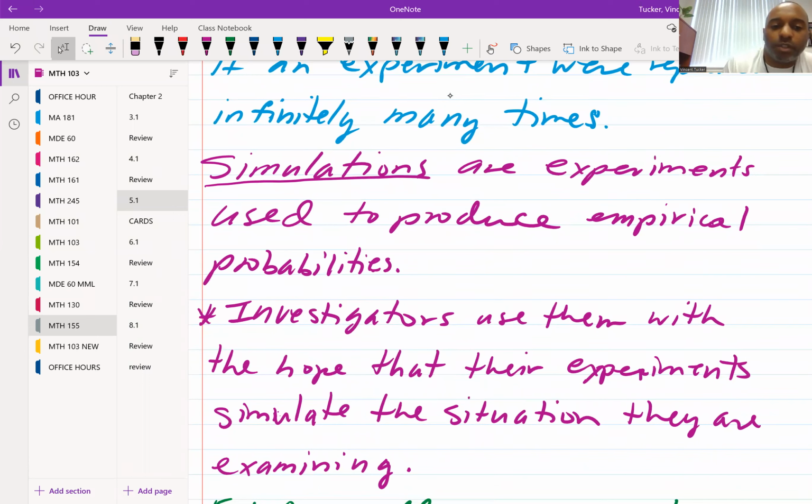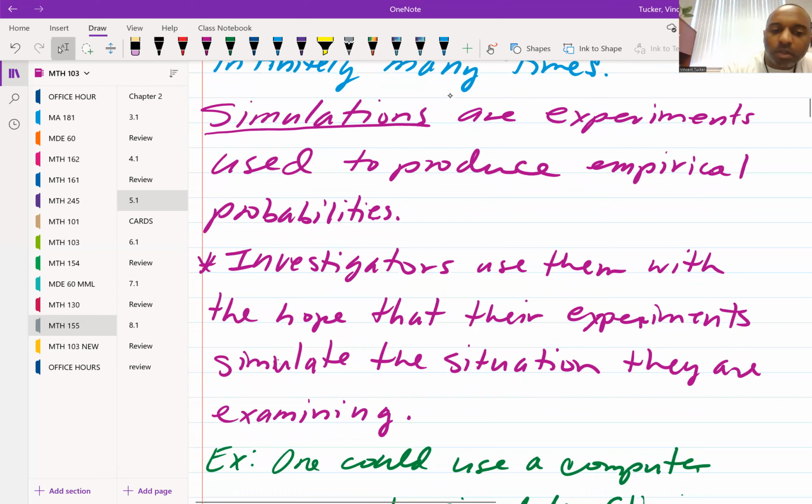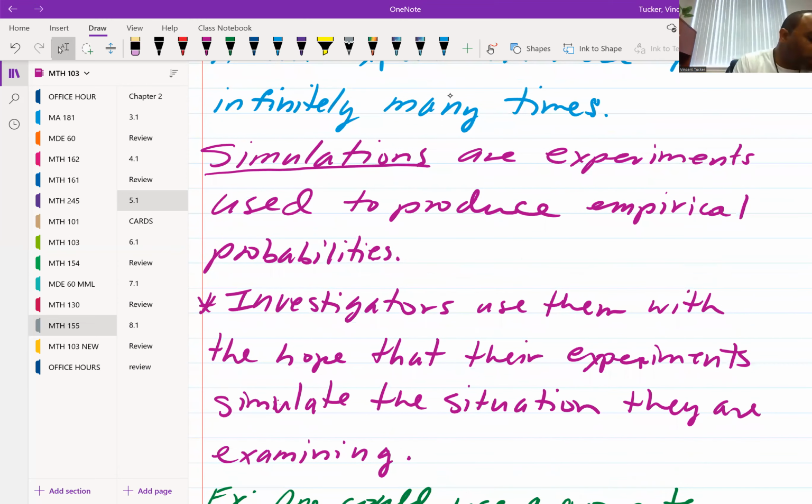So investigators use them with the hope that their experiments simulate the situation they are examining. You see not much calculation in this section, just a lot of introduction.